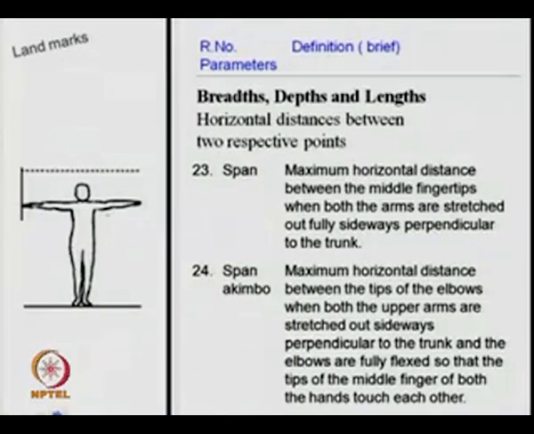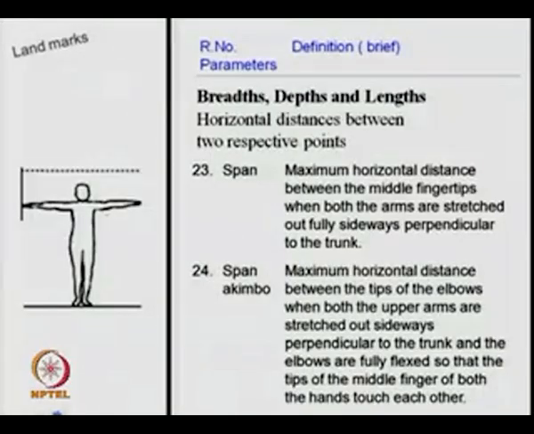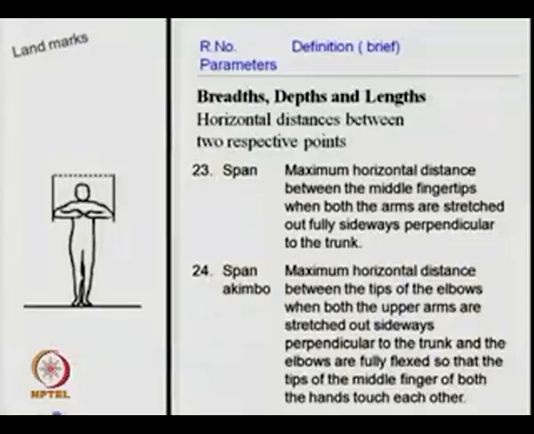Now, after these basic body heights in standing erect posture, there are some breadth, depth and length measures. Breadth is this breadth, depth is from front and back, and there are some other lengths, like span and span akimbo.